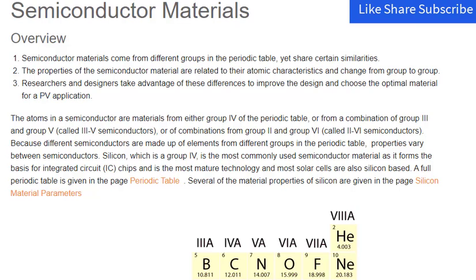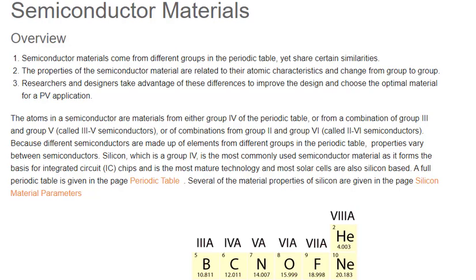The atoms in a semiconductor are materials from either group IV of the periodic table, or from a combination of group III and group V, called III-V semiconductors, or of combinations from group II and group VI, called II-VI semiconductors. Because different semiconductors are made up of elements from different groups in the periodic table, properties vary between semiconductors.